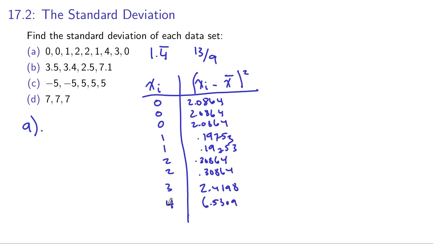We don't need to sum the x sub i's because we did that when we found the mean. We just need to then divide by the number, which there were 9 of them. So our sum of our deviations is our variance. So our variance will be the sum of those things.